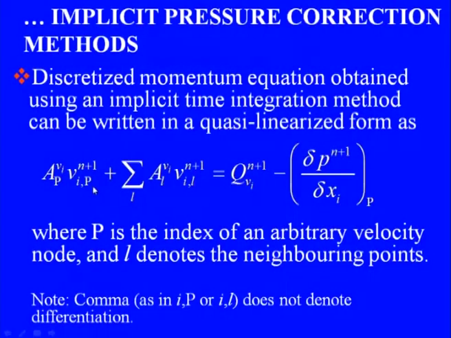One more thing: we have been using this comma notation earlier to denote differentiation, but not in this equation. Here i comma P only says that we are dealing with the ith component of velocity or the ith momentum equation, and capital P subscript denotes a particular computational node. Similarly in i comma L, this comma again does not denote differentiation, it simply says that we are looking at the ith momentum equation for the neighboring node L.